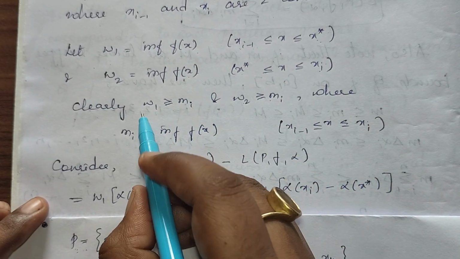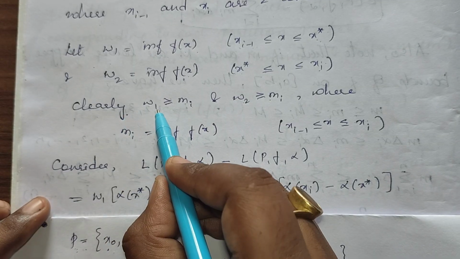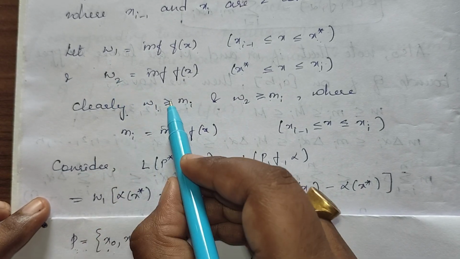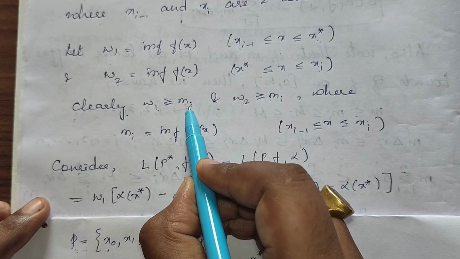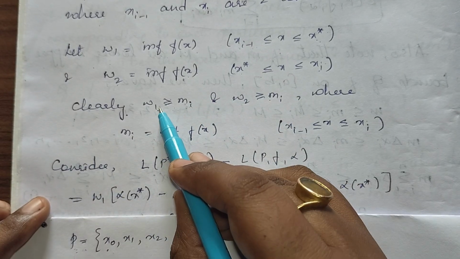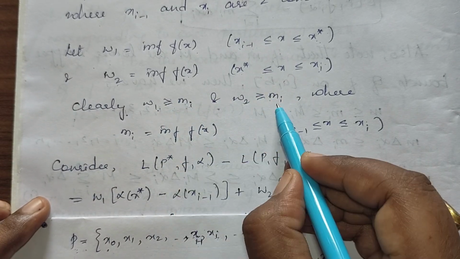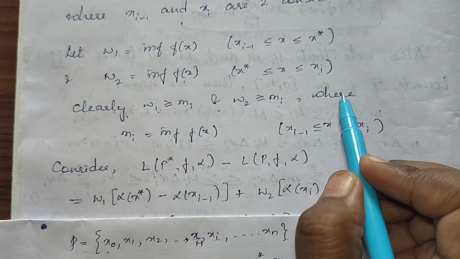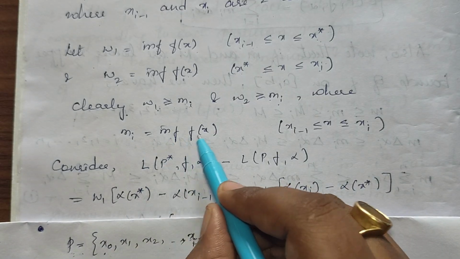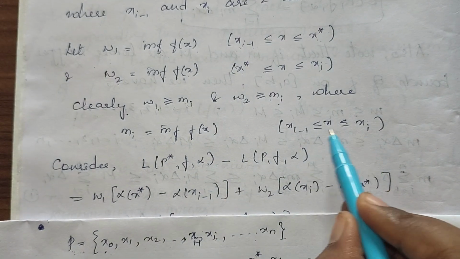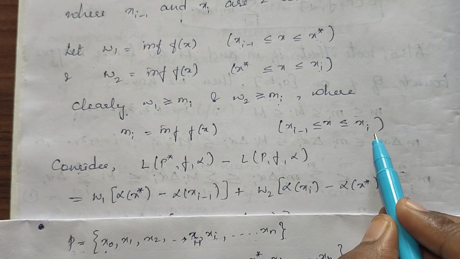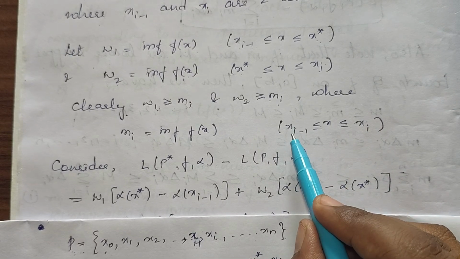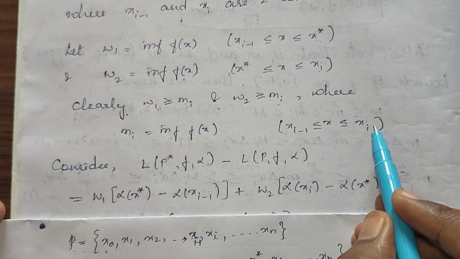So here clearly W1 and W2 are greater than or equal to this small mi, where mi is the infimum of f of x in this closed interval xi minus 1 comma xi.